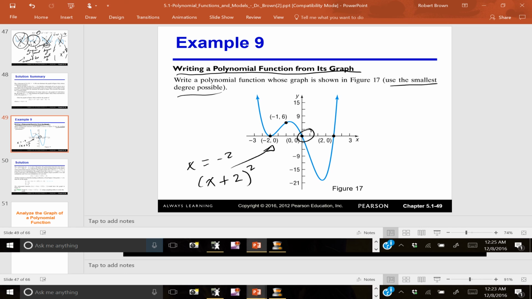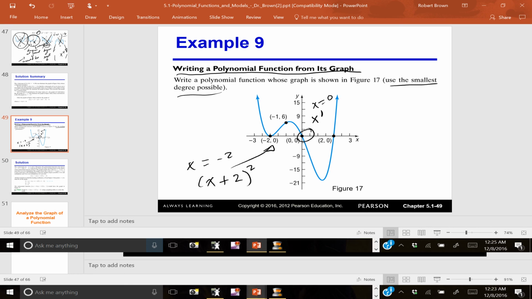Here's a 0. It goes through the x-axis. x equal 0 is a 0, so x to the 1 power would be a factor.